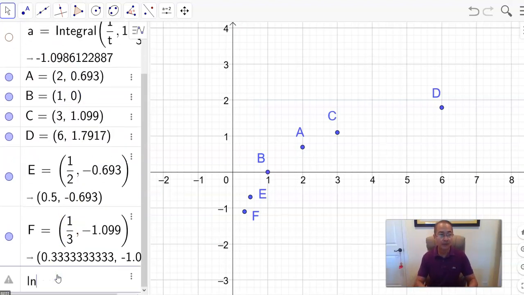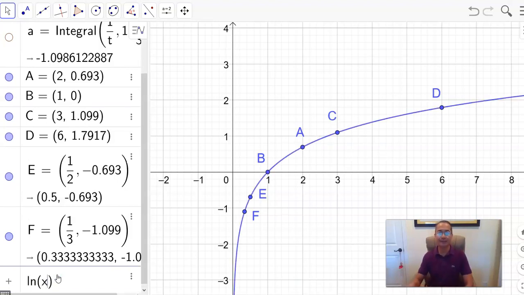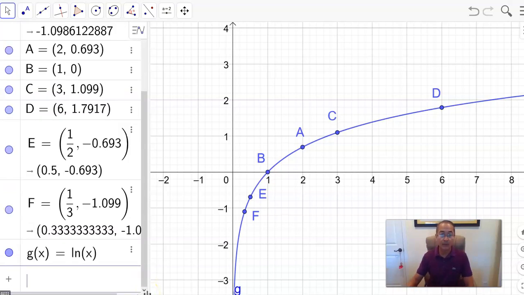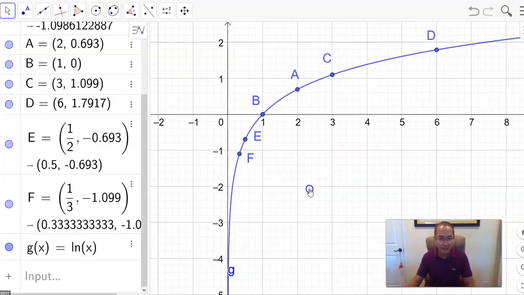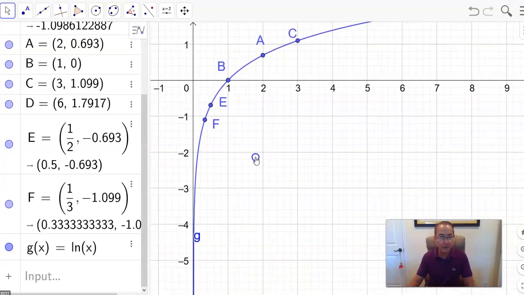So now let's see. Can you graph ln of x for us? Ooh, there it is. We are perfectly hitting those 5 points, even though they were just approximations. Close enough. Something's interesting happening here, though. It looks like we have a vertical asymptote for the ln function.